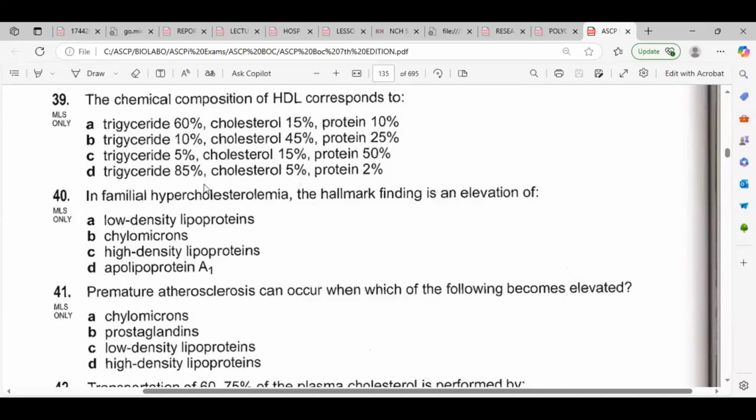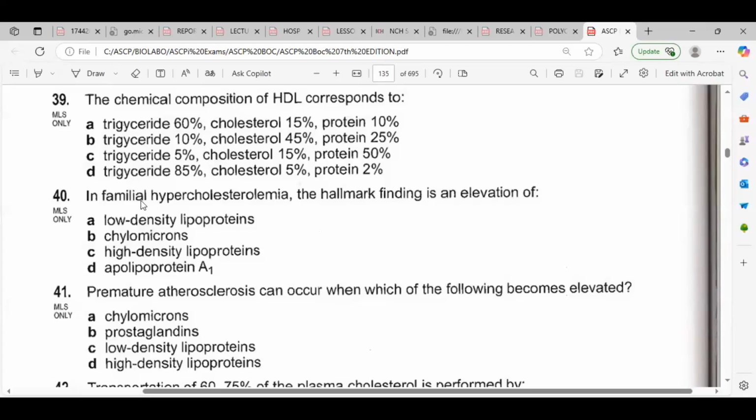When I was teaching this chemistry course, I explained that we have it as hypercholesterolemia, but it doesn't mean it is a cholesterol problem. Don't confuse it with cholesterol. What is high is a cholesterol carrier, which is LDL, low density lipoprotein.